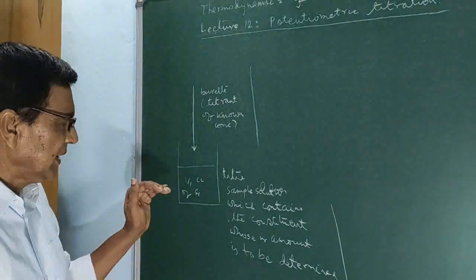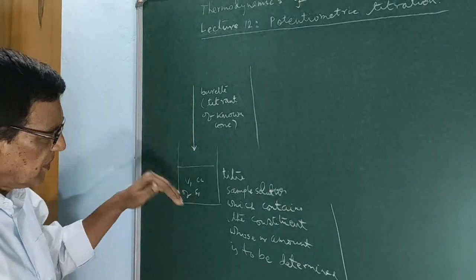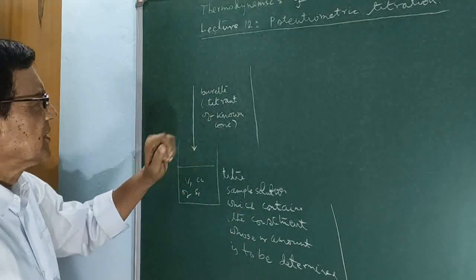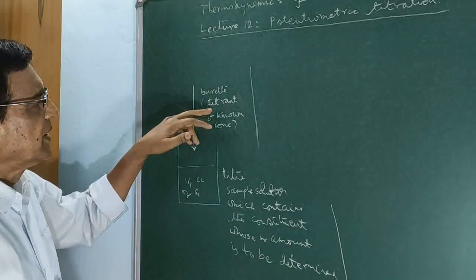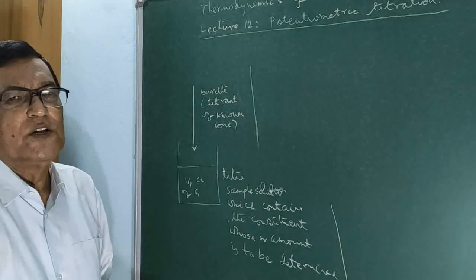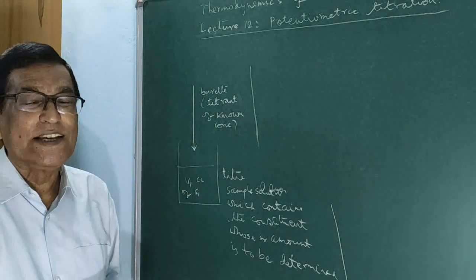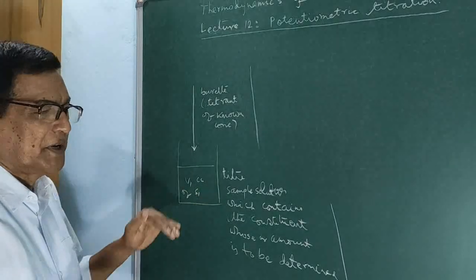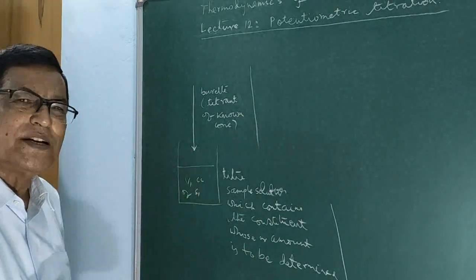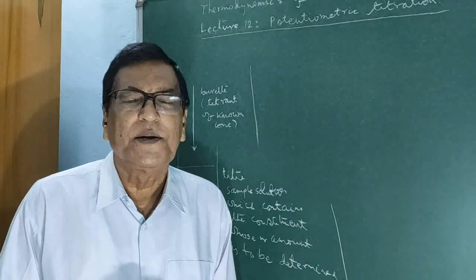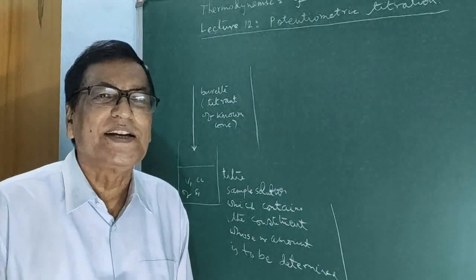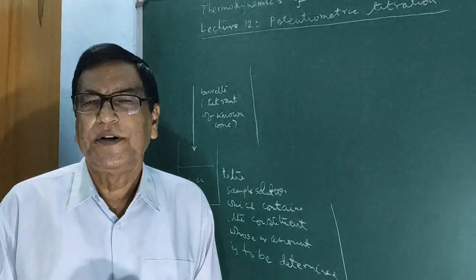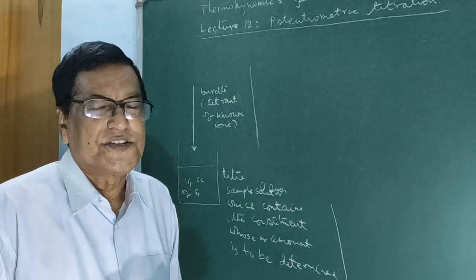And whenever one equivalent of this constituent reacts with one equivalent of this titrant, we get this equivalence point. Experimentally this equivalence point is determined by means of a signal to mark the end point of this titration.